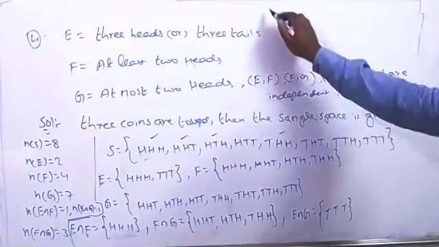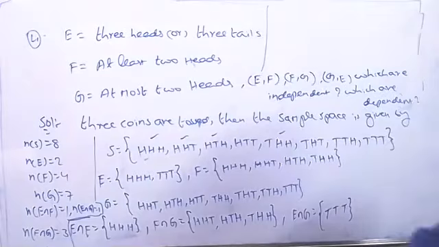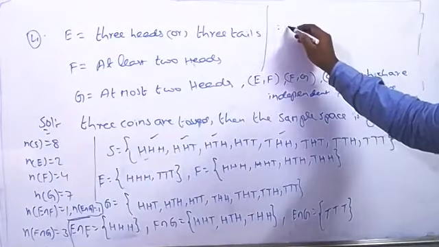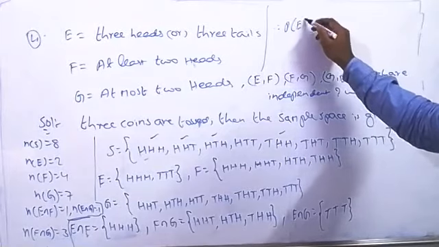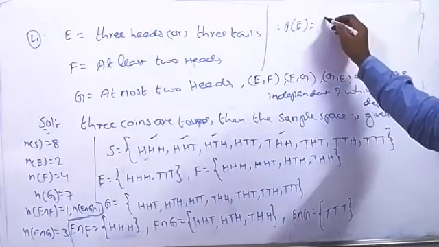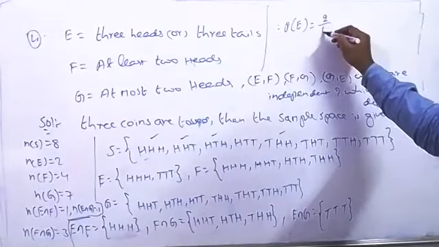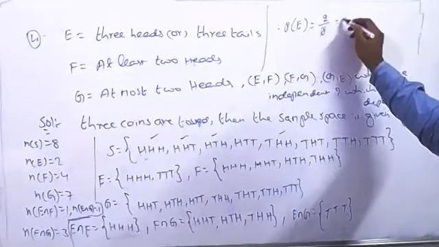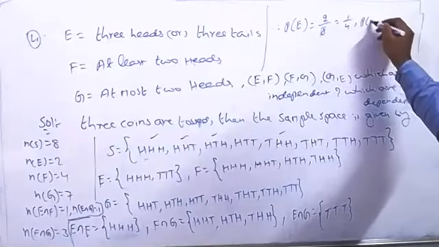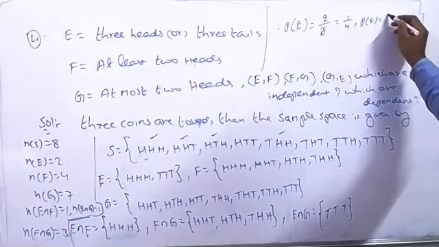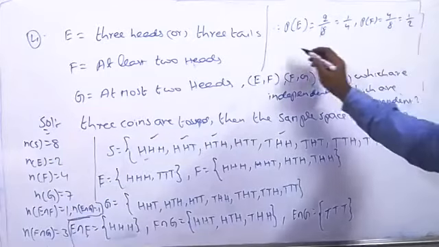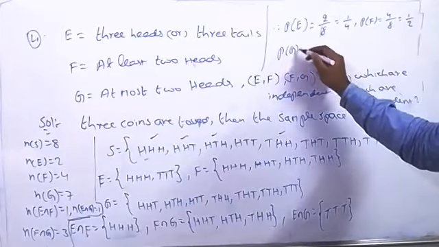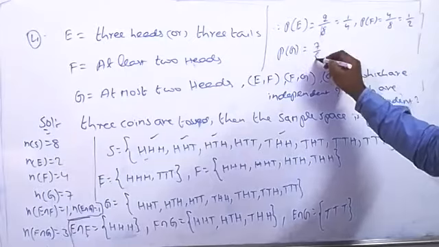I'm writing here now. Probability of E is 2 by 8, which equals 1 by 4, and the probability of F is 4 by 8, which equals 1 by 2, and the probability of G is 7 by 8.